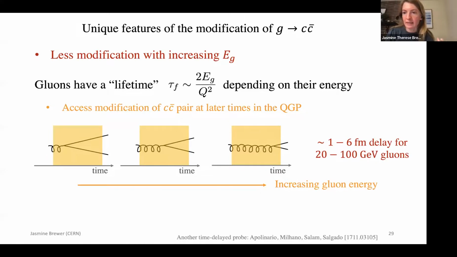So this might be a way to access different time regimes of the quark-gluon plasma in upcoming measurements. But as Will unfortunately already opened the bag, it's also not so easy.